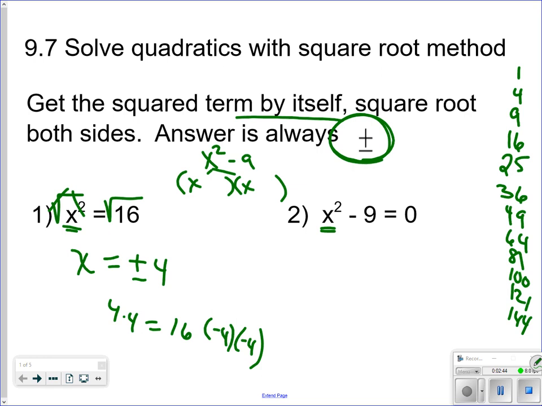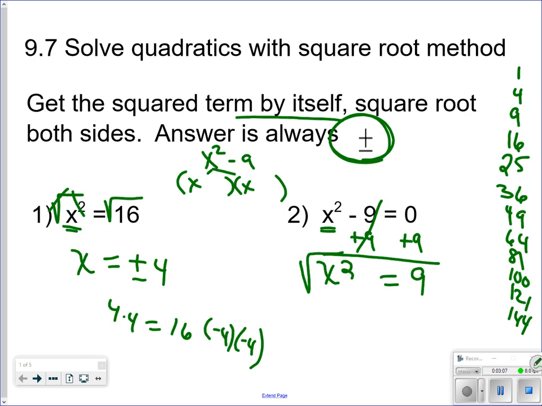All right, question number 2, x squared minus 9 equals 0. So here you do not have the x squared by itself. So before you can square root both sides, you need to do plus 9. You need to get that 9 moved to the other side. That's going to give you x squared equals 9. And now you're ready to do square root on both sides.